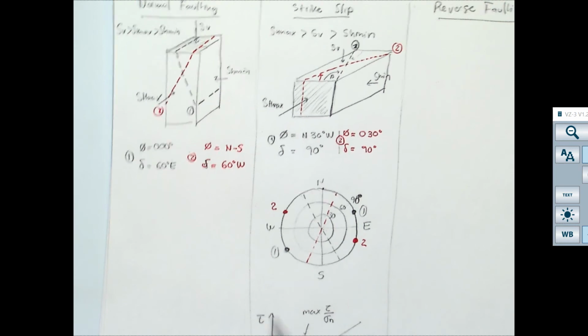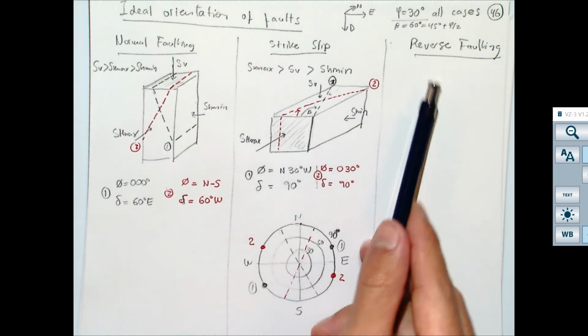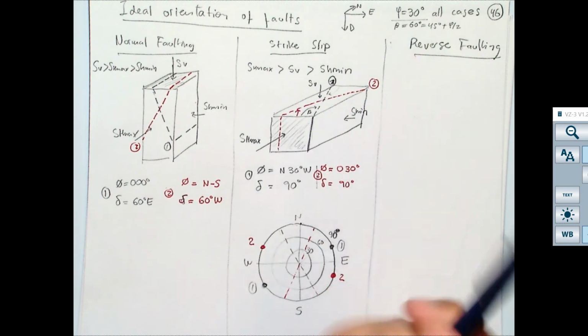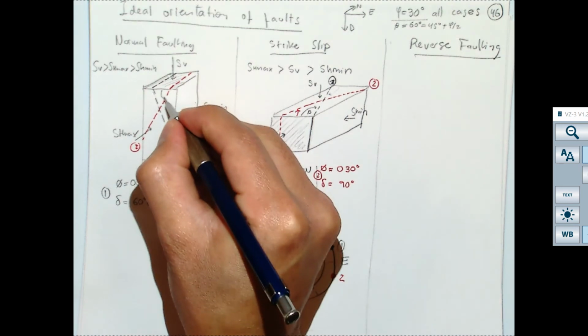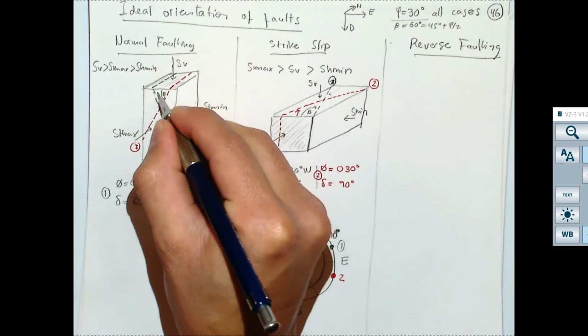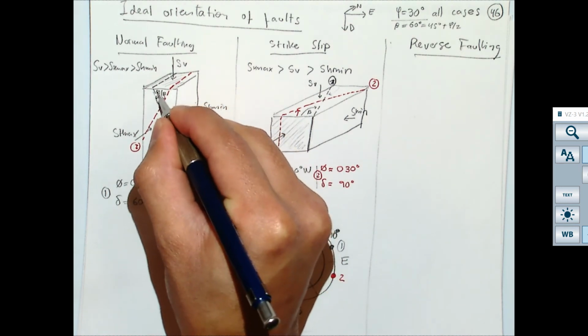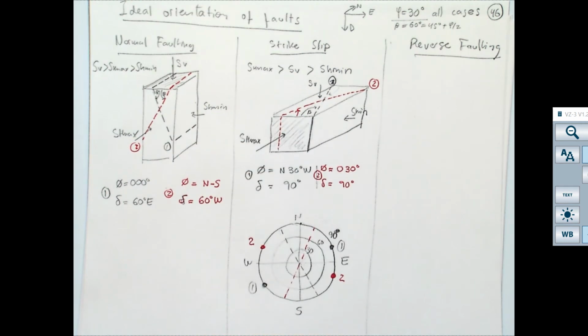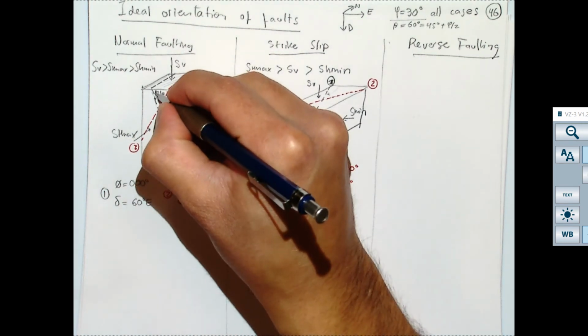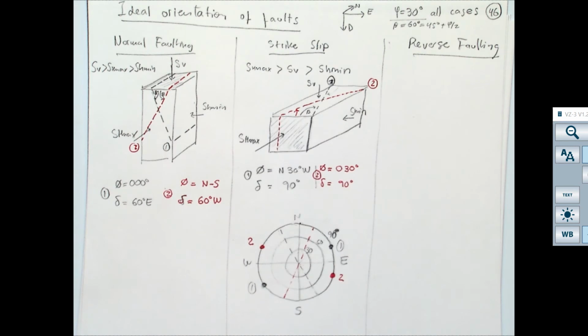Where does the 60 degree come from? From there. 60 degrees is this angle beta, and also this angle beta 2. Any of those is beta.